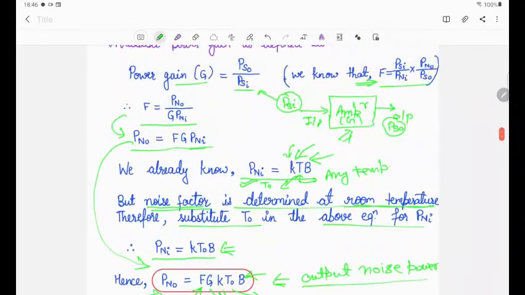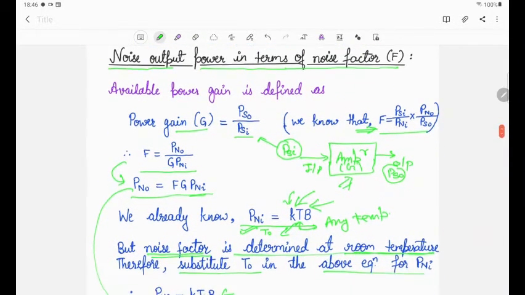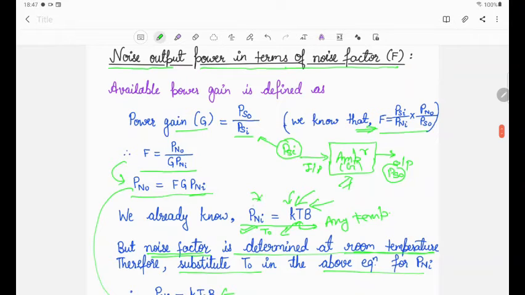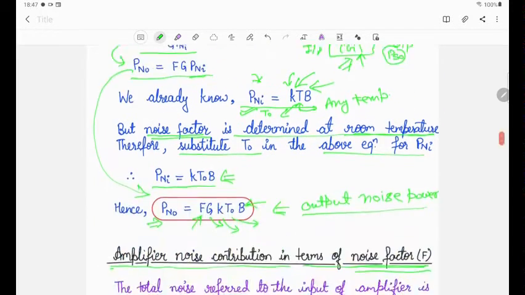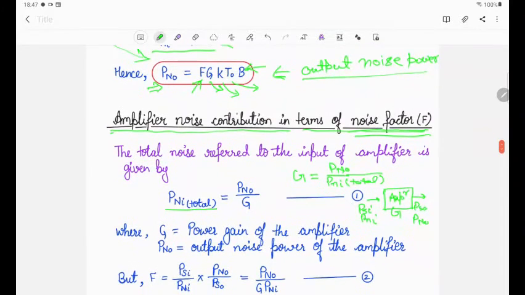And earlier I told you PNI is the thermal noise power at the input. But this amplifier again contributes noise, so we need to calculate that noise. That is the heading here: amplifier noise contribution in terms of the noise factor, right? So that's why I am writing here PNI total.